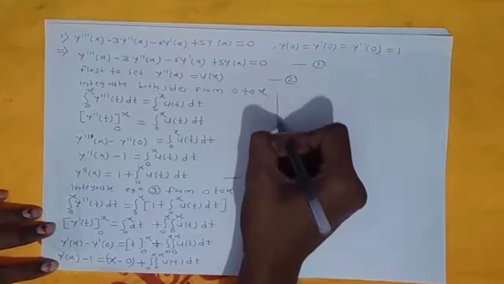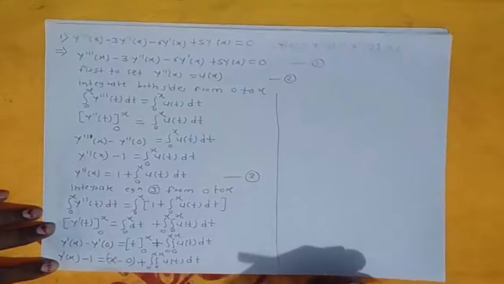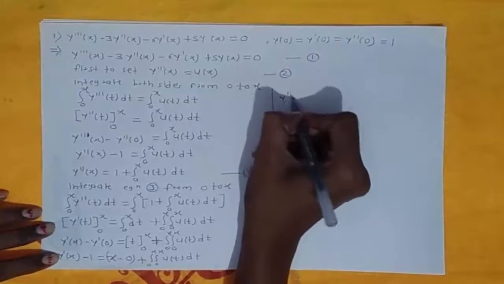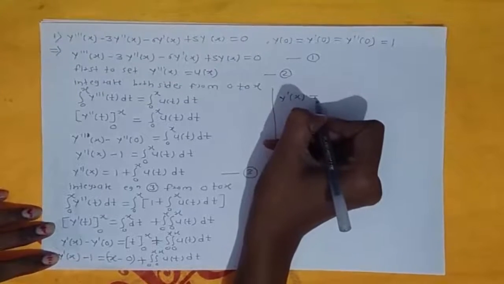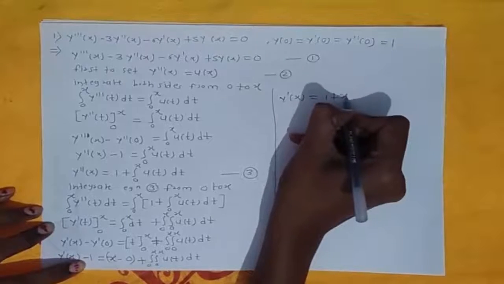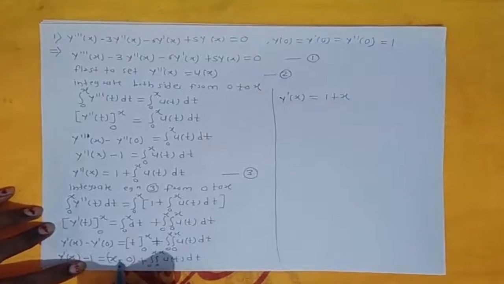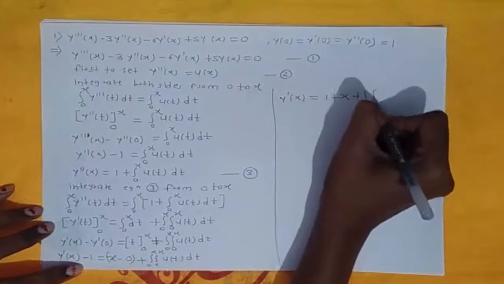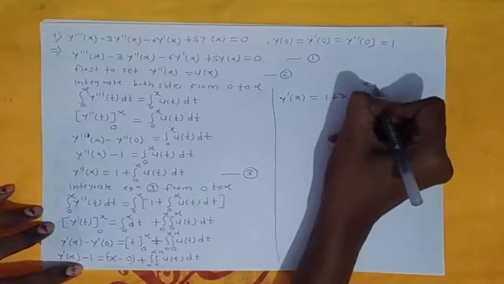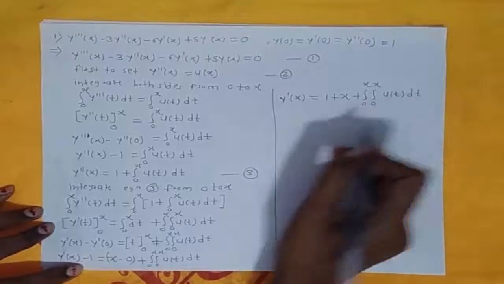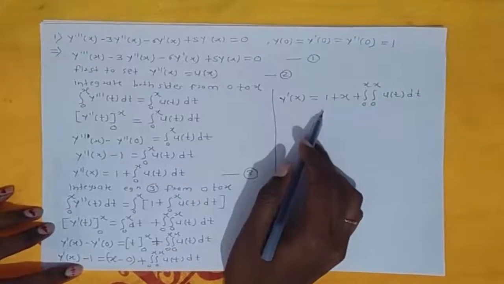Then we write y dash of x is equal to, we shift this 1 to this side, that is 1 plus x minus 0 will be x, that is x plus double integral from 0 to x u of t dt. This is the value of y dash of x.